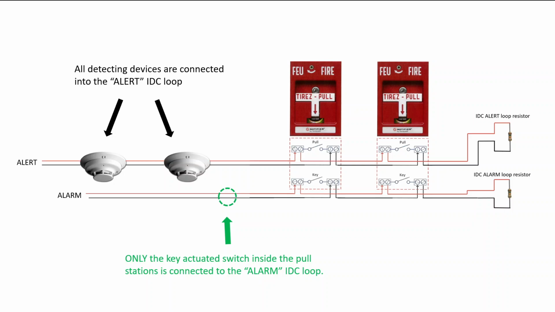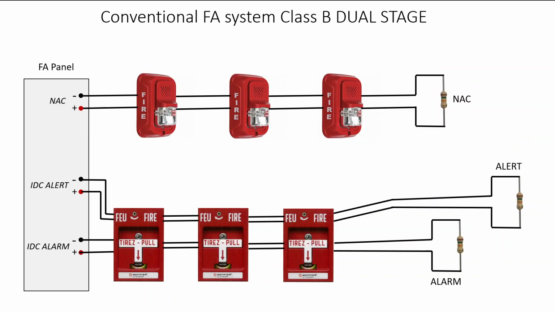So let's see how all of this then works in a large system. This is a conventional fire alarm Class B dual stage. Now we could have this as Class A as well, but just for clarity, I am sketching this out and describing it in a Class B system. So let's say someone comes along and pulls the pull station.